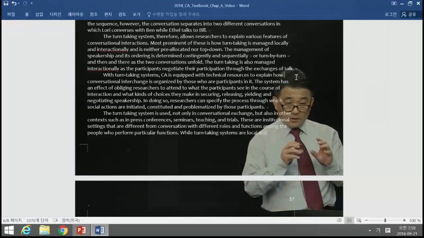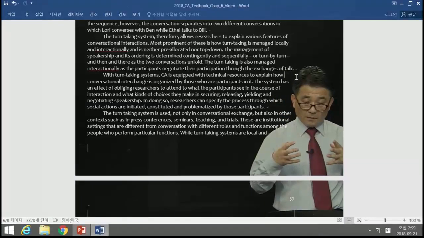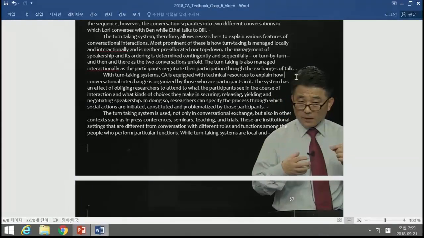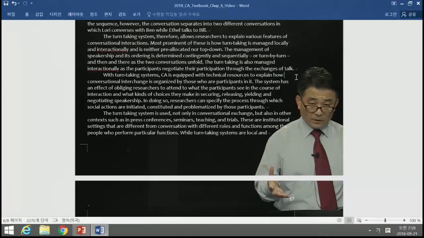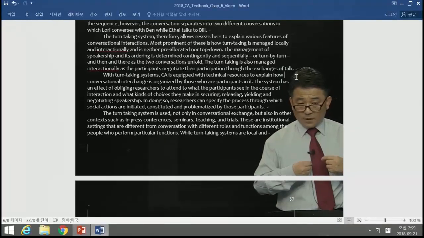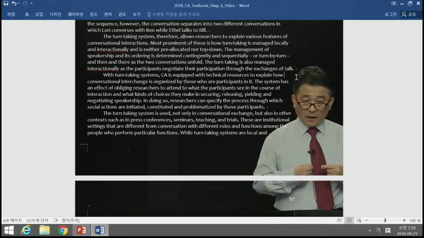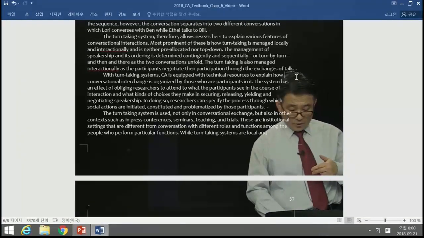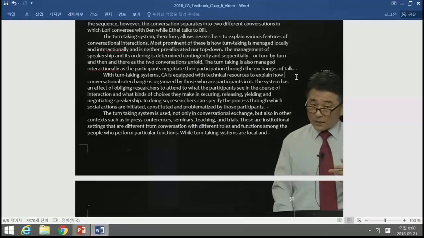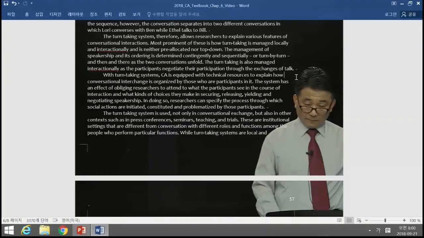So using this turn-taking system, if you look at the conversational exchange very closely, then you will be able to find some eccentric phenomena. For example, if one person is insisting on talking without getting interrupted by other people, she or he may use particular strategies to do that.